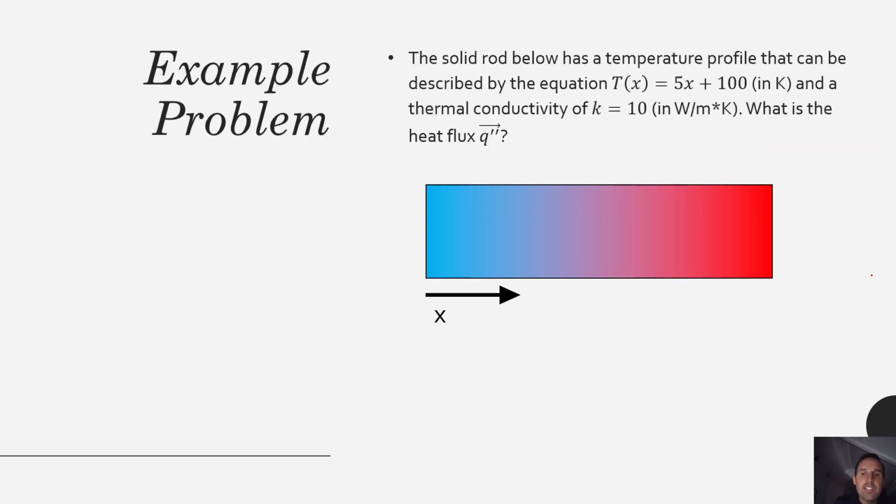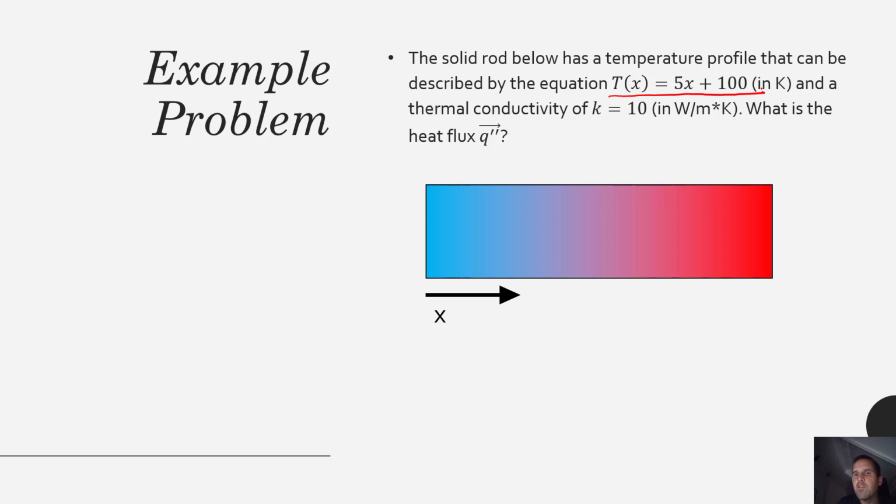So we're going to do an example problem, and I'm going to show you how you could apply Fourier's law to get a heat flux from a known temperature profile. So if we took some solid rod of material like that shown here, so this solid rod has a temperature profile that can be described by the equation T as a function of x is equal to 5x plus 100.